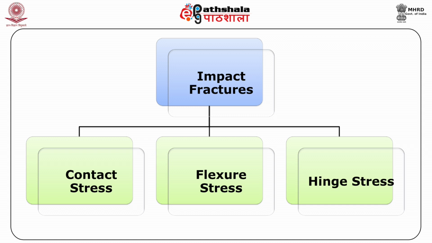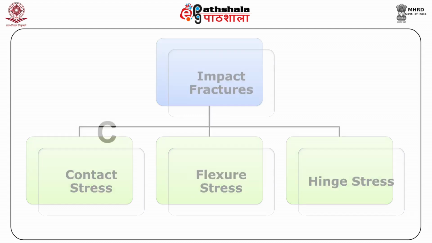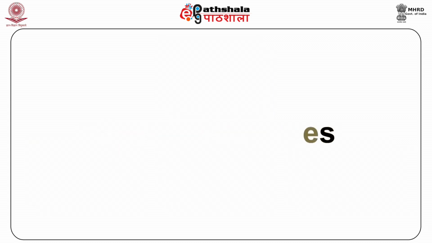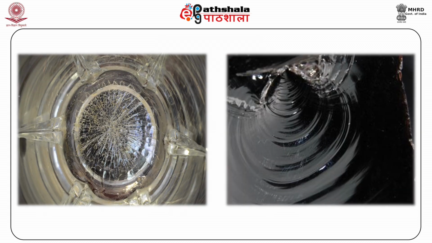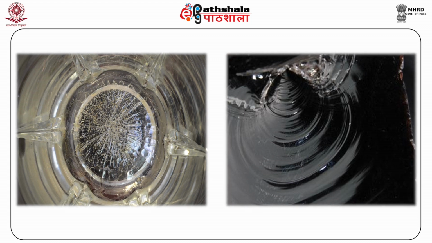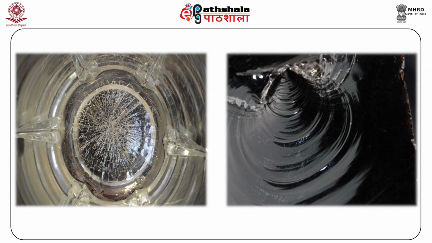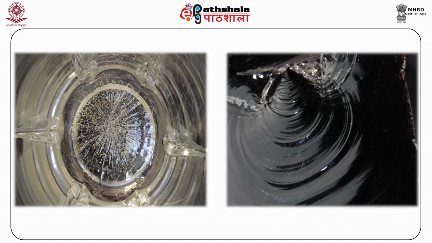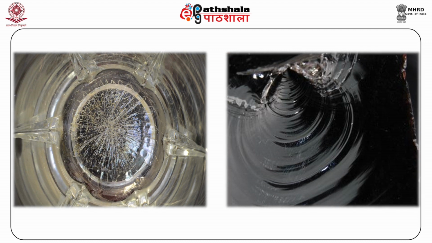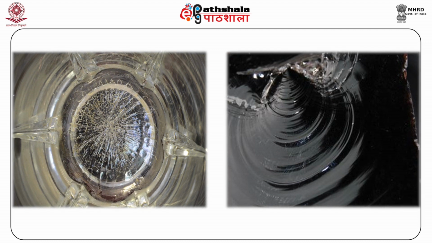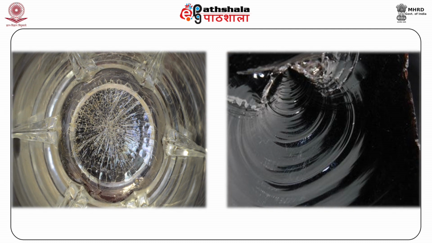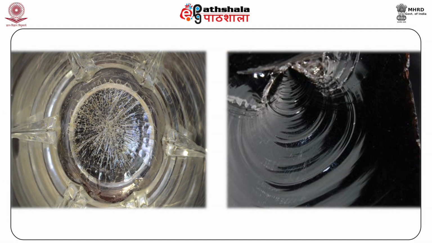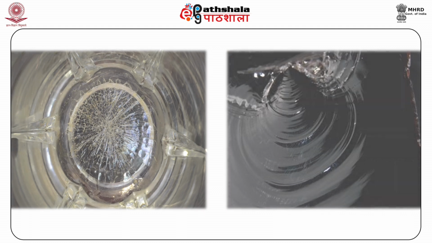The actual physical appearance of the fracture will be determined by the one which is dominant. Contact stresses are generated at or very close to the point of application of the impact force, resulting in Hertzian fracture, or chips along the mouth of the container.